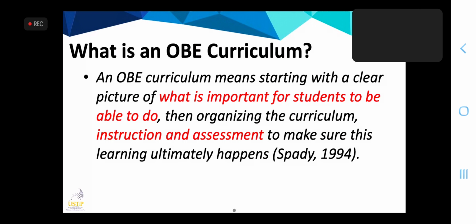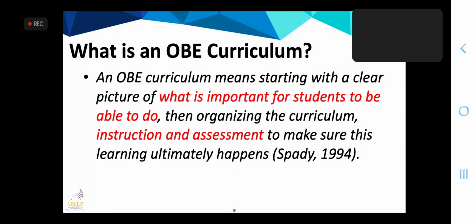What do you mean by that, sir? Learning what they're supposed to learn. Meaning in tertiary education, or even in high school, we're not supposed to teach our students things that will not be useful when they become professionals, or a farmer.